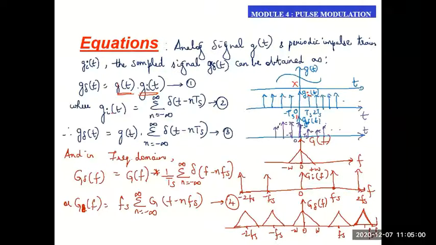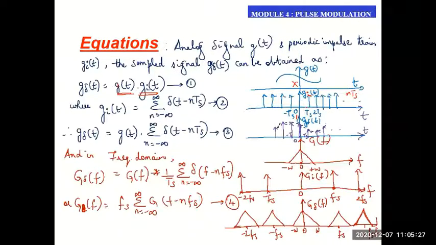So what do we do? How do I represent g_i of t in the time domain? How is a periodic impulse train represented? I can take it as a sum of time shifted impulses. And by how much is each impulse shifted? By n times Ts.